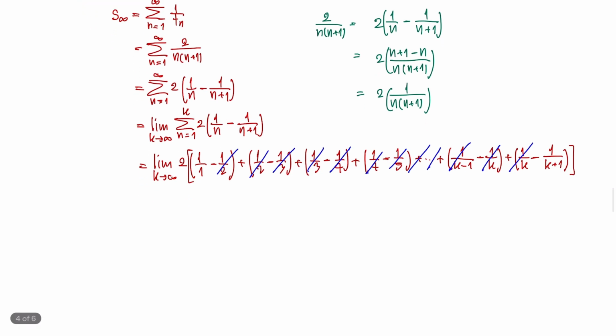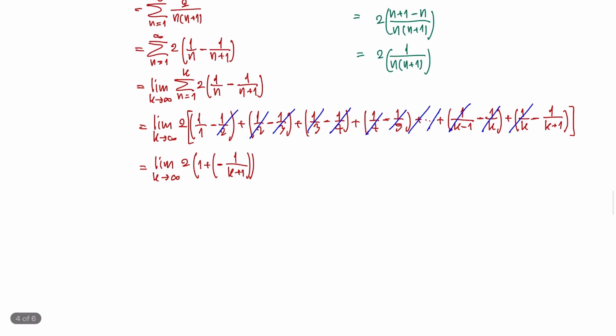So what we have left is the limit as k approaches infinity of 2 times 1 minus 1 over k plus 1.